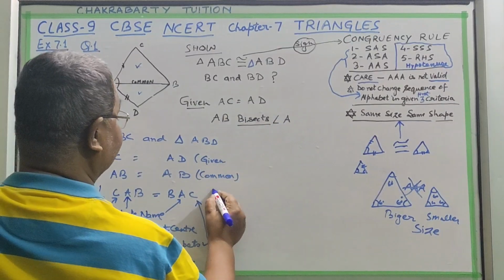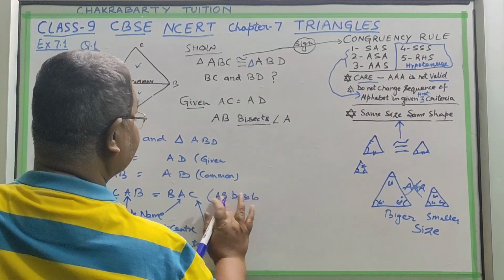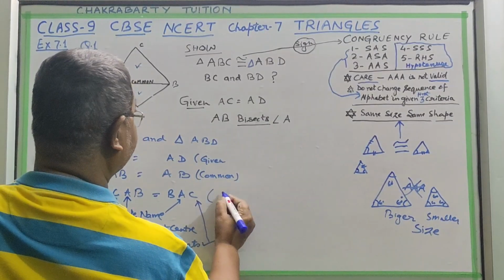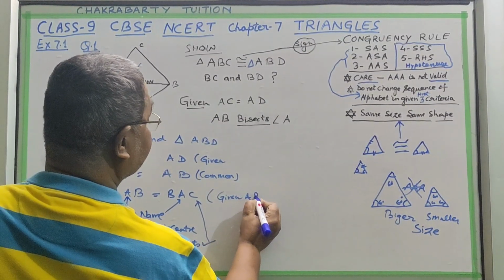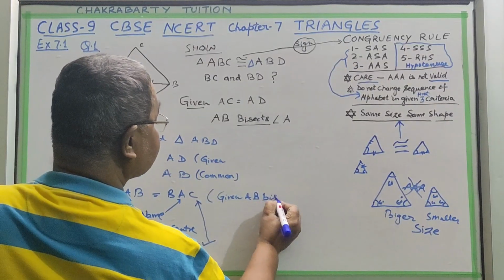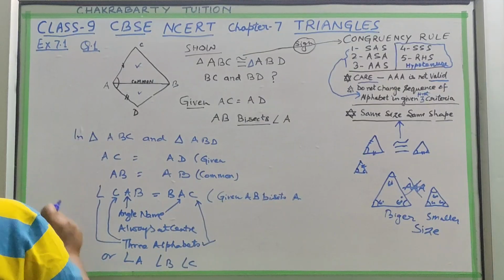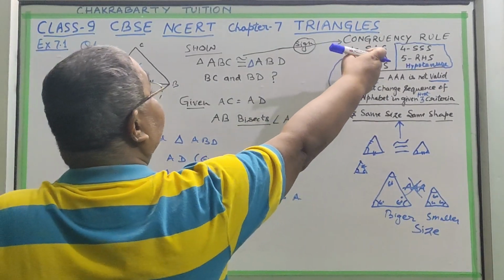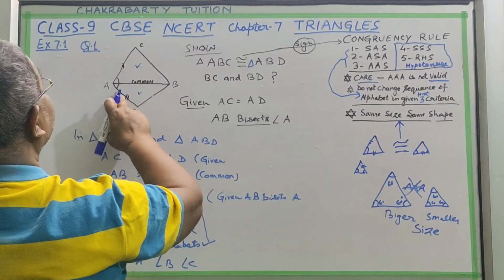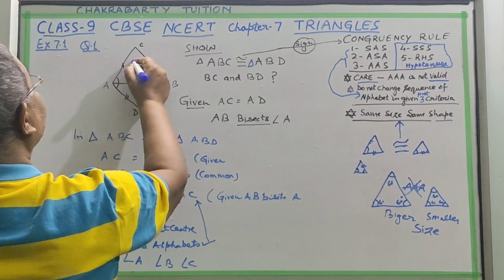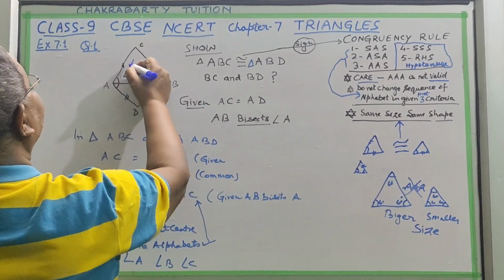Because AB bisects angle A, it is given. You can write given: AB bisects A. So here you see the criteria you have to take from this: side, angle and side.